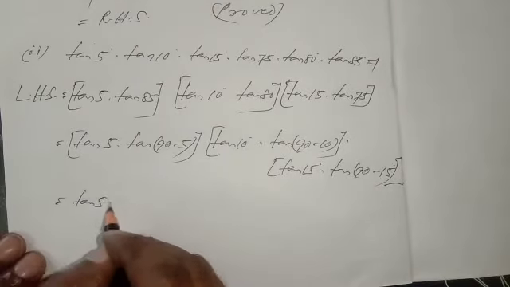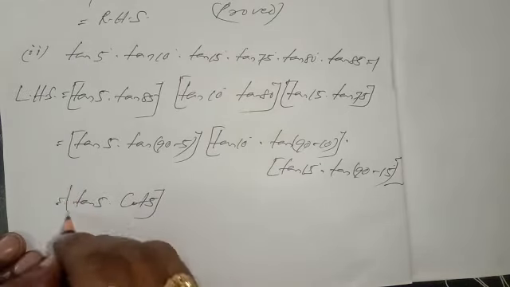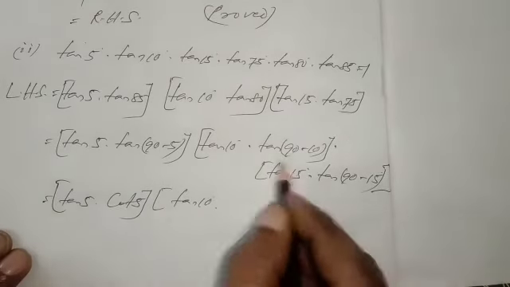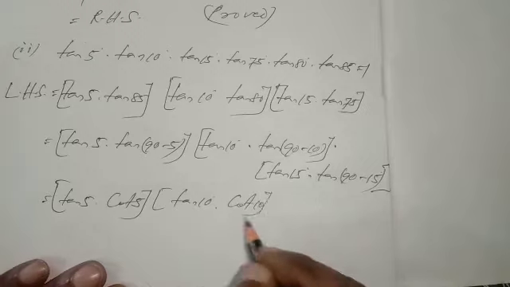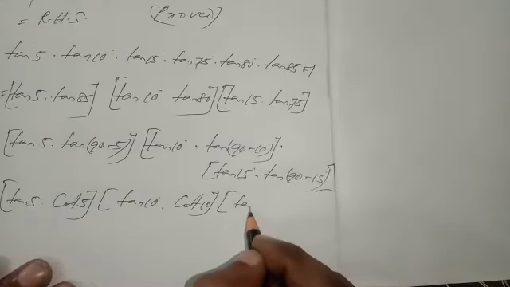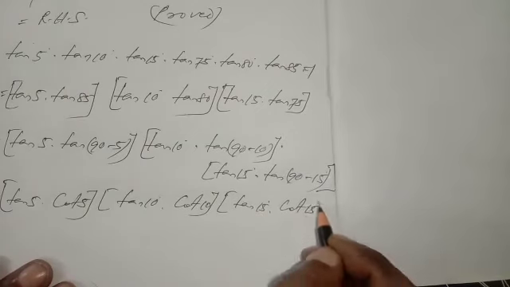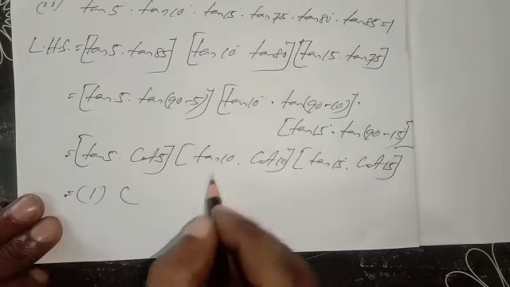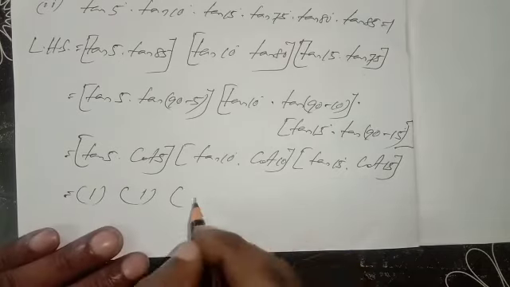After that, just to see, tan 5 degree, tan 90 minus theta is how much? Cot 5 degree. Tan 5 into cot 5. Here tan 10, tan 90 minus theta is cot, that means cot 10 degree. Here also same thing, tan 15 degree, tan 90 minus theta is how much? Cot 15 degree. Now tan 5 into cot 5 is 1, tan 10 into cot 10 is also 1, and here also tan 15 into cot 15 is also 1.